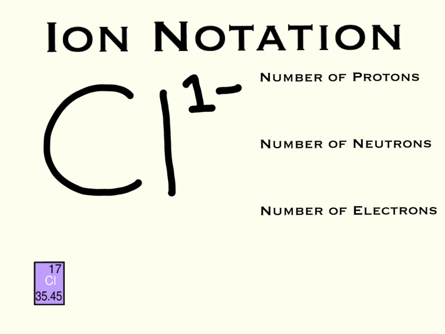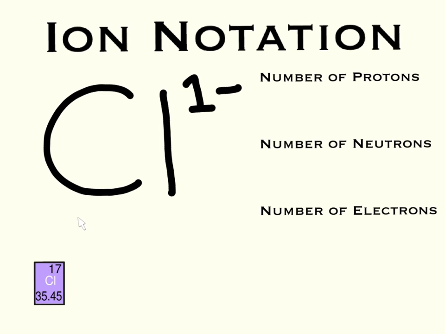Now, the notation looks a little different. When we have an ion notation, we're typically going to have the element's symbol. So this is chlorine, its symbol Cl. And we're going to have the charge. Is it positive, negative, and how positive or negative is it? For example, this chlorine has a charge of -1.